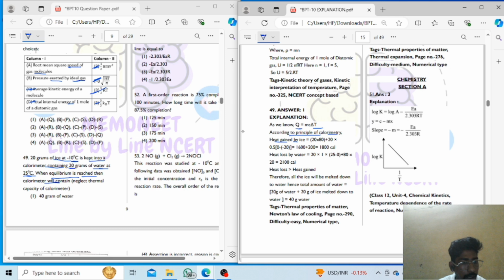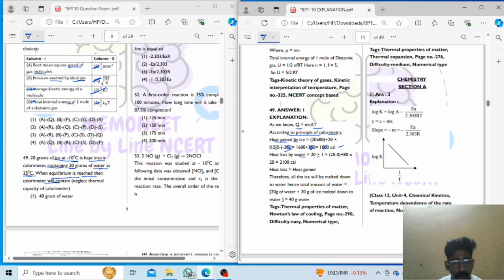Okay, so it will become around 1800 calorie, or more precisely 1850. More or less the answer will be the same, because you have to calculate the amount of ice that is contained, but the precise calculation will be 1850.